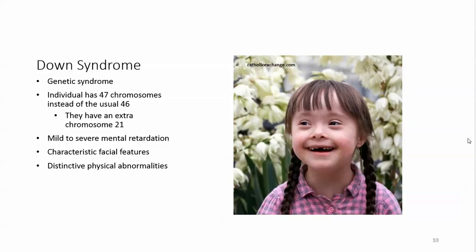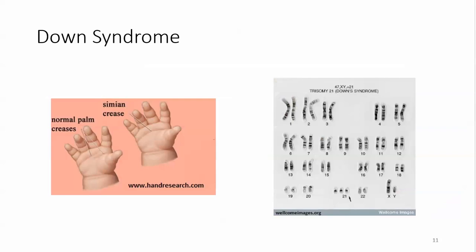Actually, maternal age is an important risk factor in this. A 30-year-old has a 1 in 1,000 chance, and a 40-year-old has a 9 in 1,000 chance. Okay, so Down syndrome. They talk about them having a simian crease.